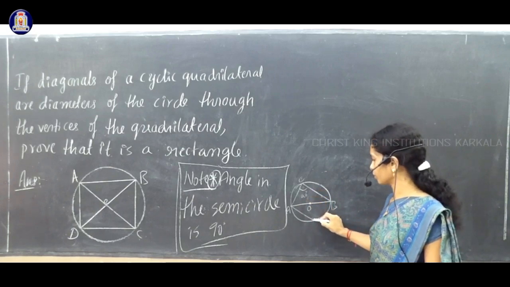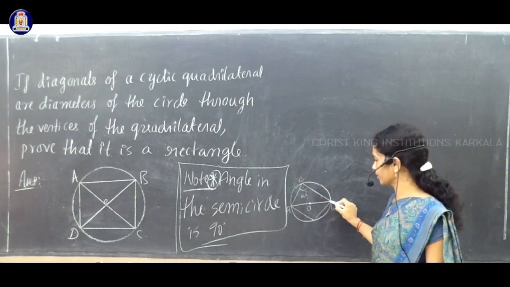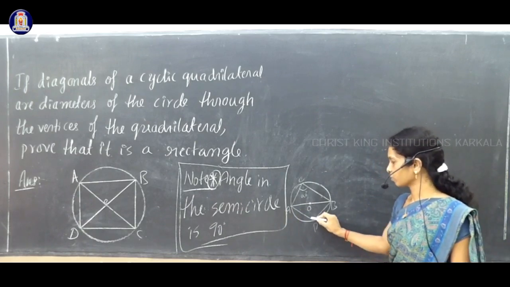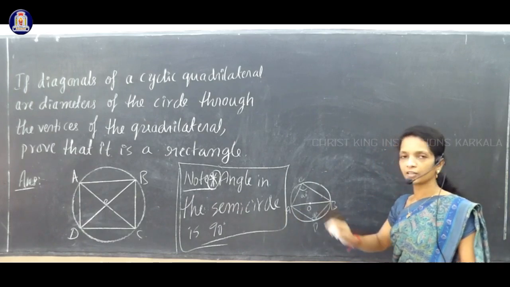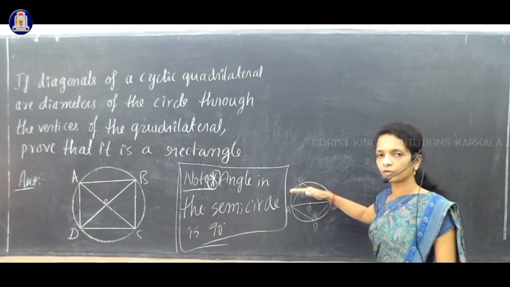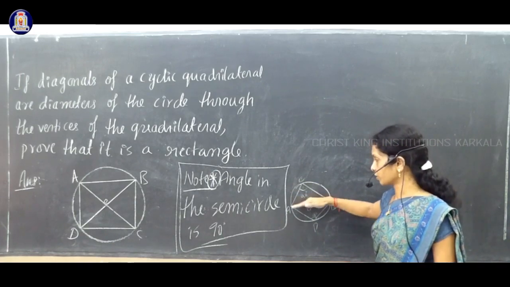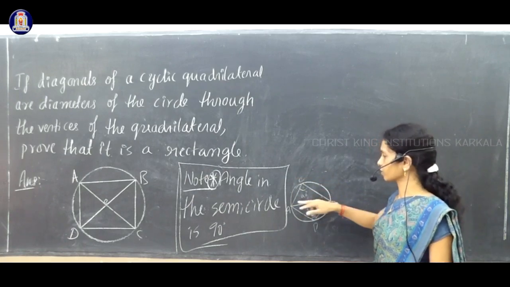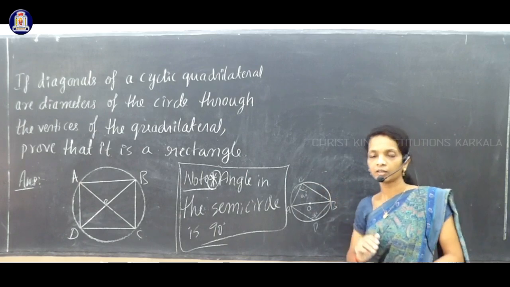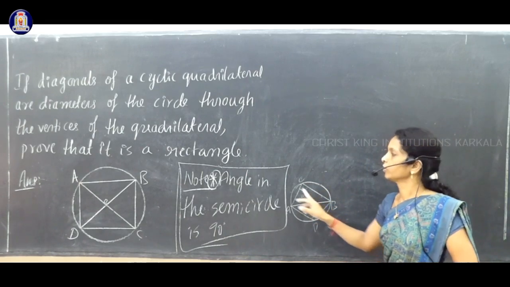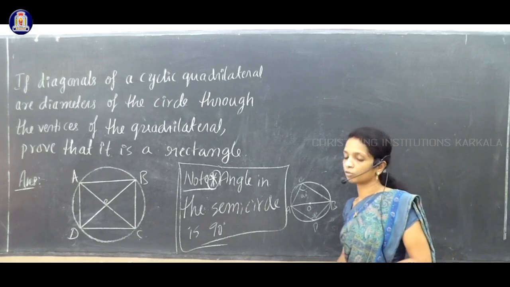And if you draw an angle like this for diameter AB, then this angle is also 90 degrees. If you have the diameter, on both sides of it you have a semicircle. This side also you have a semicircle. So any angle in the semicircle is 90 degrees. That you have to keep in mind. That result we are using here two times.